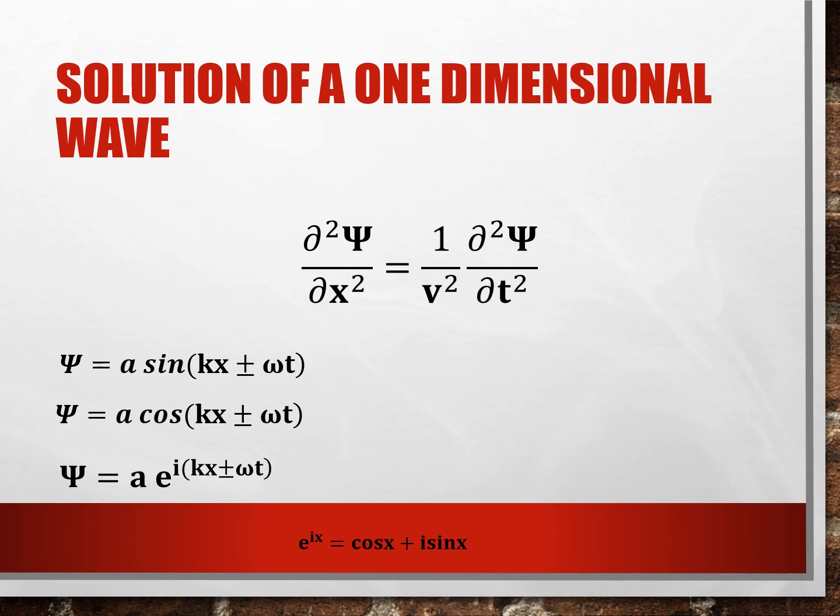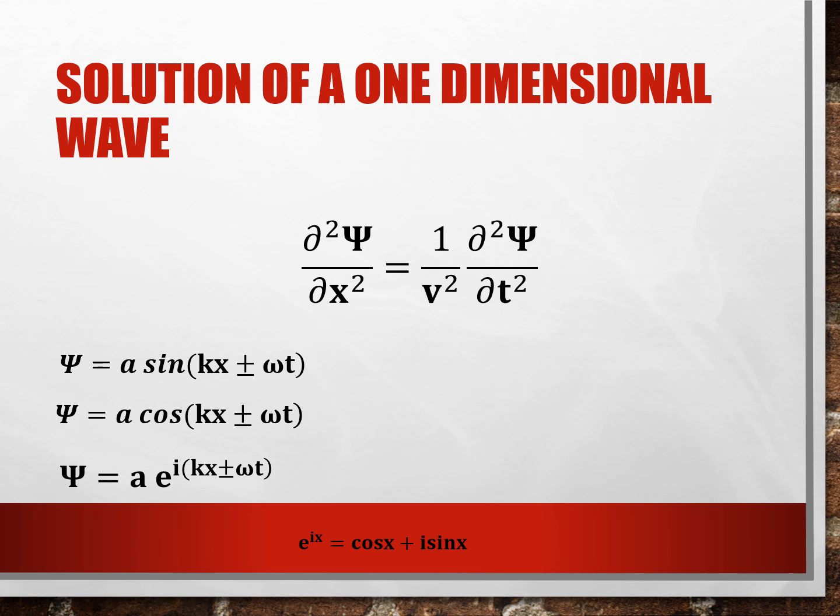Instead of using sine function, we can also use cos. That is, psi is equal to A cos(kx plus or minus omega t). Another way of representing the solution is psi is equal to A into e raised to i(kx plus or minus omega t). You must have studied in your maths classes that e raised to ix is equal to cos x plus i sin x.